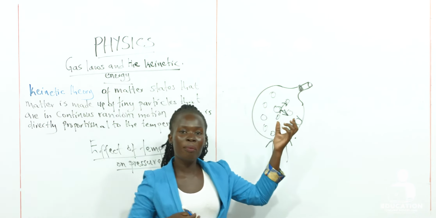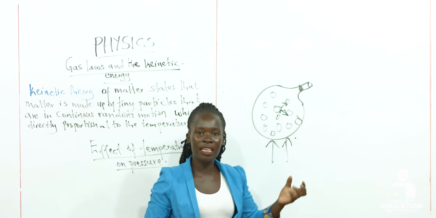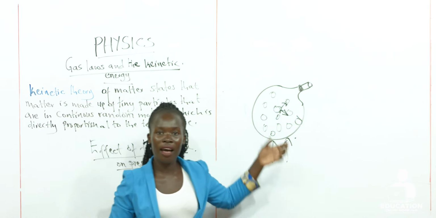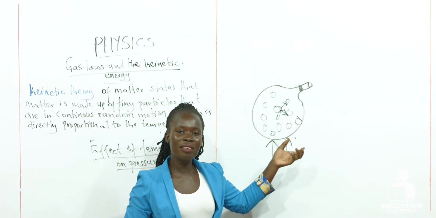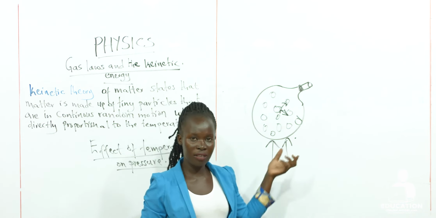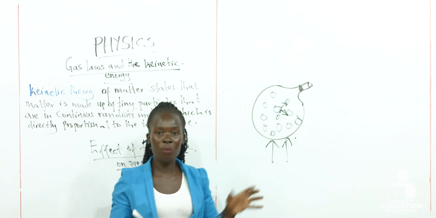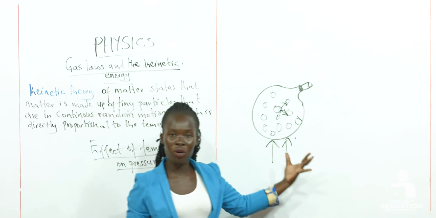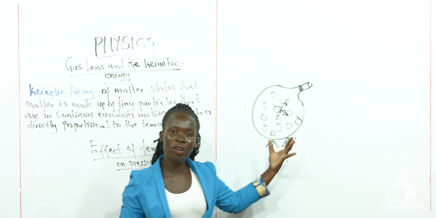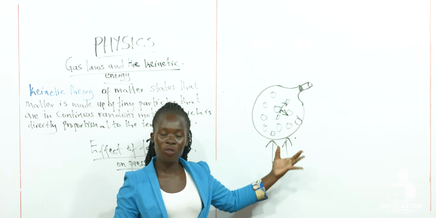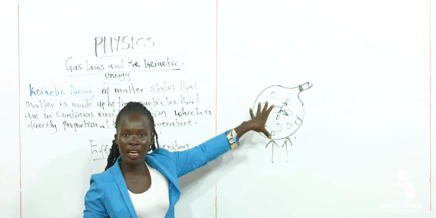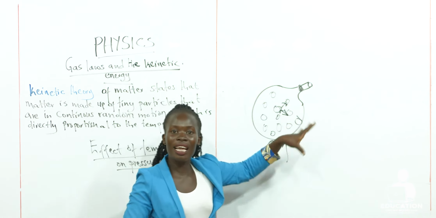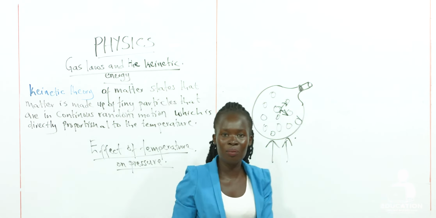So it makes them collide violently and vigorously in the balloon. When they collide violently, the pressure they produce inside the balloon is too much for the balloon to handle. Since the balloon is not flexible enough to expand and contain the pressure increase in it, it will just burst.